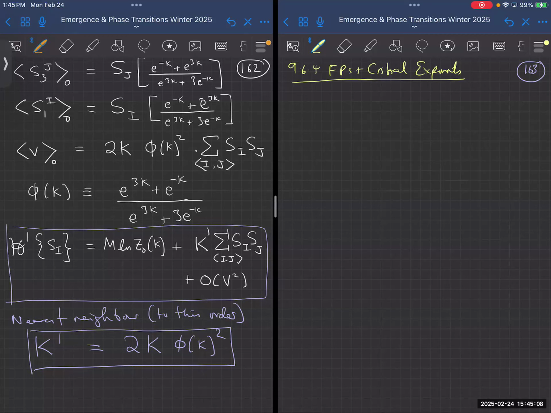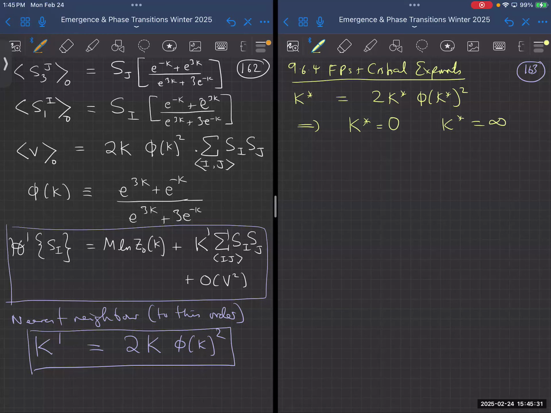So let's do that. So fixed points, so I have k star is equal to 2k star phi of k star squared. That's the fixed point renormalization group equation. And so that implies that either k star is equal to 0 or k star is equal to infinity.